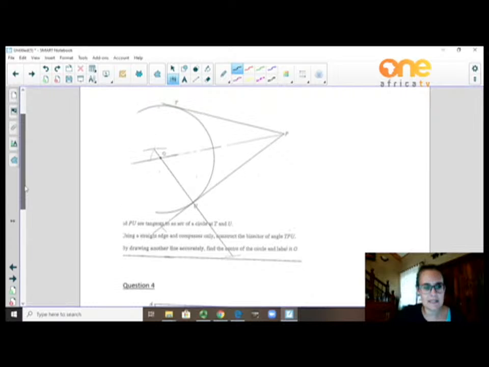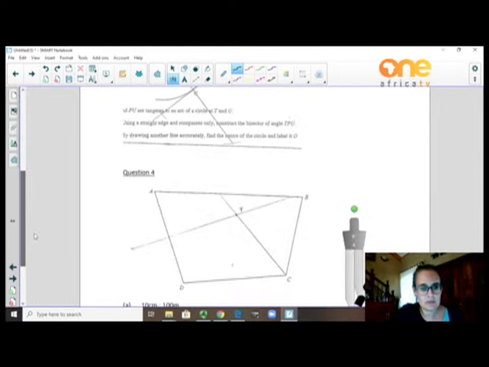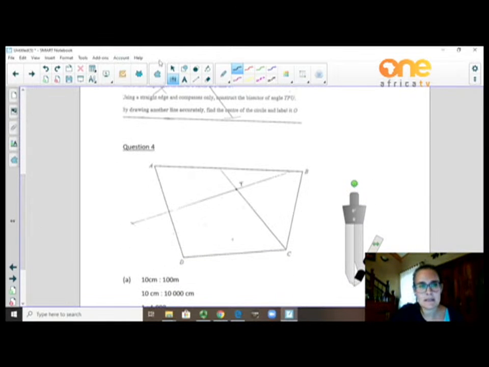Question number 3, it says, sorry about this part, but my construction went over the questions. Use a straight edge and compass only, construct the bisector of angle TPU. So your bisector, now I can try to do this with my compass.